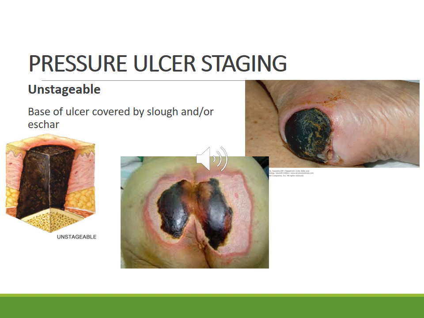And so that's why it's an unstageable pressure ulcer. As you are taking notes, as you're reviewing this topic, please make sure that you understand the differences in the staging, and really look and take notes and study pressure ulcer staging.